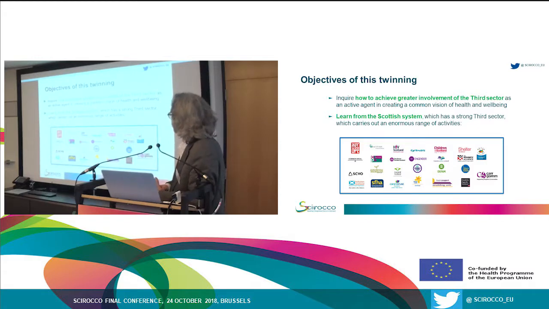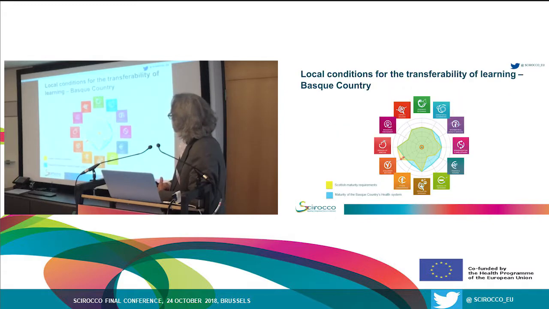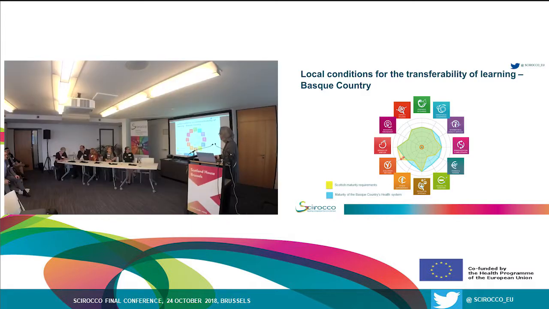They have a strong third sector, so when it came to choosing one of the good practices or characteristics of the system that we would benefit from in all our partners, we thought this one could be a good choice. In the analysis using the spider diagram, the yellow line is the Scottish maturity requirements for third sector involvement in integrated care, and the blue one is the maturity of the Basque healthcare system for integrated care.